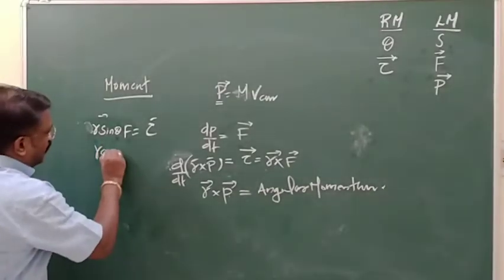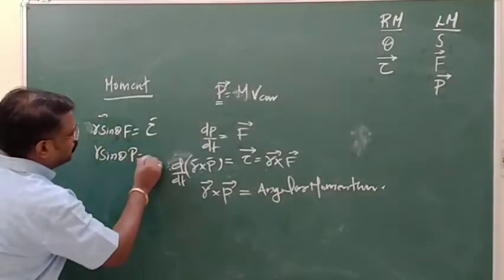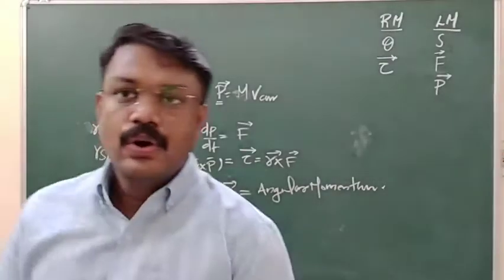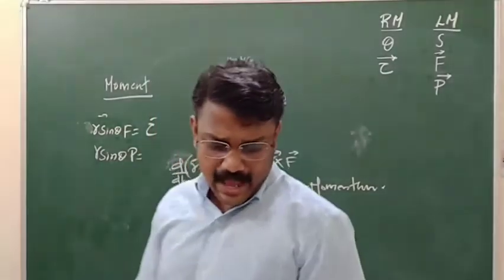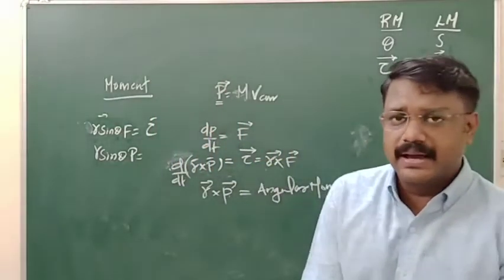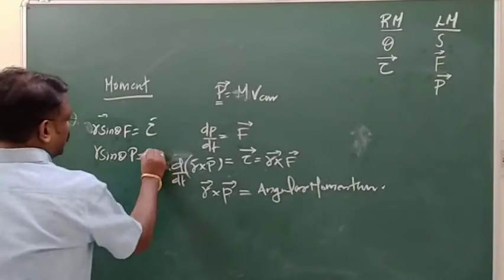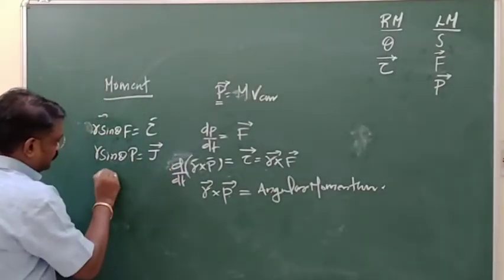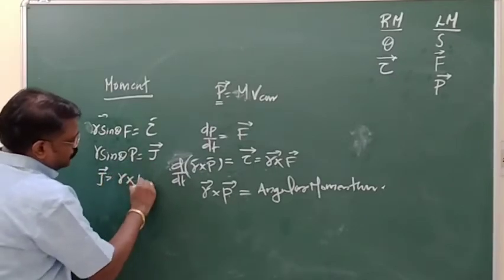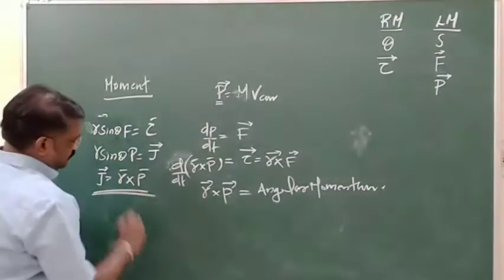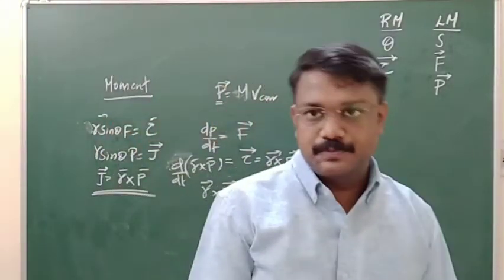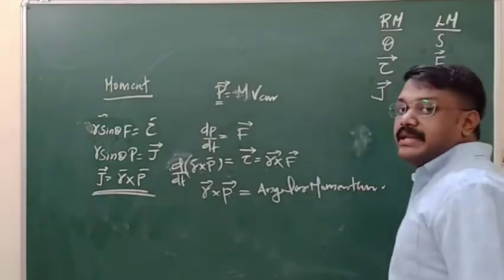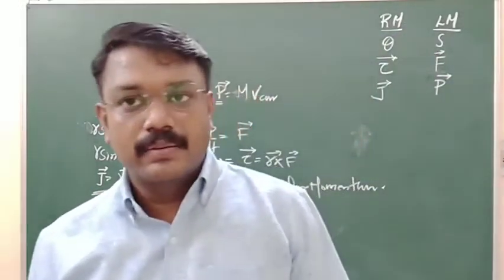Similarly, r sin theta into P is equal to angular momentum. r cross P is equal to angular momentum, and angular momentum is denoted by J. So J is equal to r cross P. So P can be replaced by J; momentum you can replace by angular momentum.